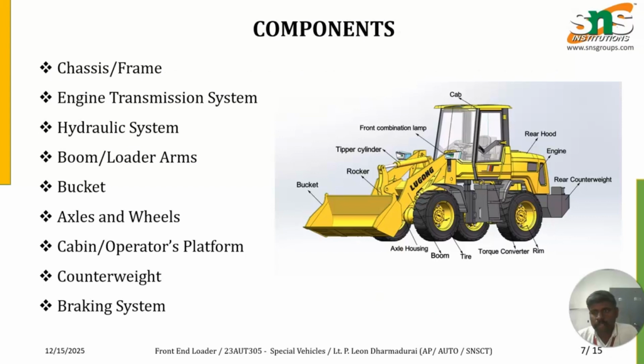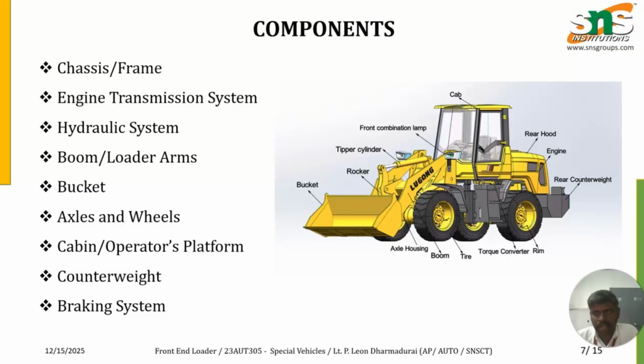These are the components involved in this front end loader: chassis or frame, engine, transmission system, the hydraulic system, the boom, which supports the bucket, the axles and wheels, the cabin or operator platform, which is enhanced with a rollover protection frame, and the counterweight.